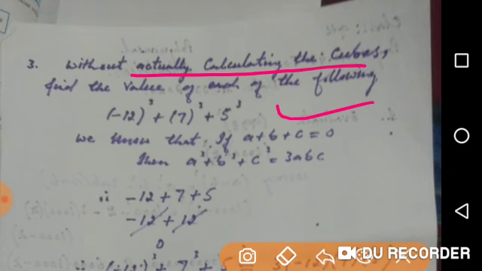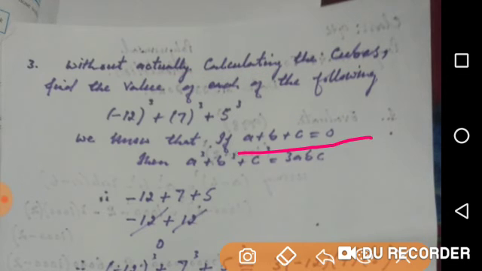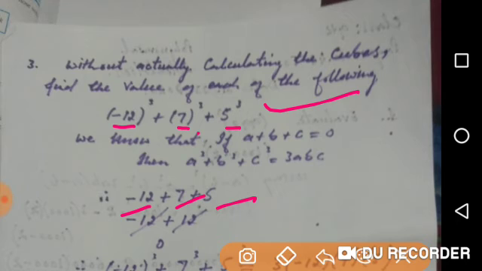So we know the identity that if a plus b plus c is equal to 0, then a cube plus b cube plus c cube is 3abc. So we will first check whether a, b and c, their sum is equal to 0 or not. So we write minus 12, then 7, then 5, and we will add them up. We will get 0 as their result.